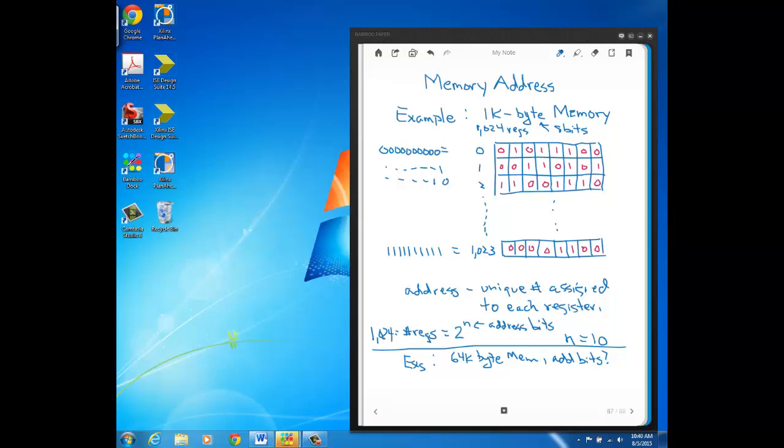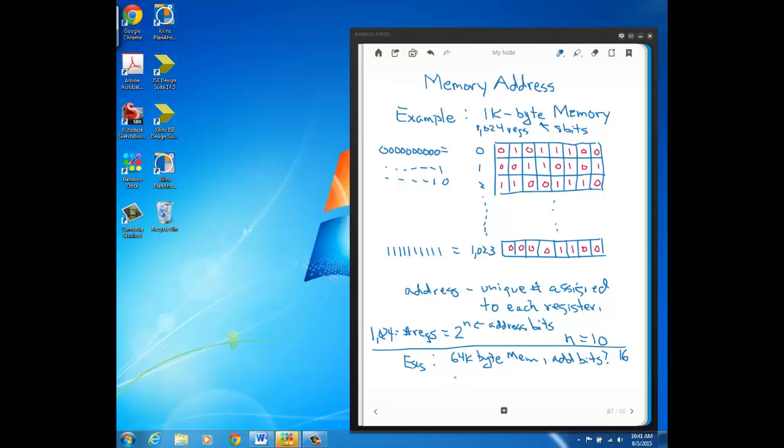So since 10 address bits allows me to address 1024 registers, if I add one address bit to 11, that would be 2048 registers that I could address, or 2K. 12 would be 4K, 13 would be 8K, 14 would be 16K, 15 would be 32K, and 16 would be 64K. Okay, so there's different ways to come up with the answer, but you should get comfortable with determining how many address bits you need for a certain number of registers inside memory.